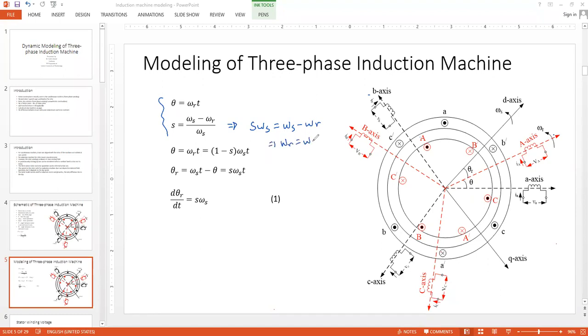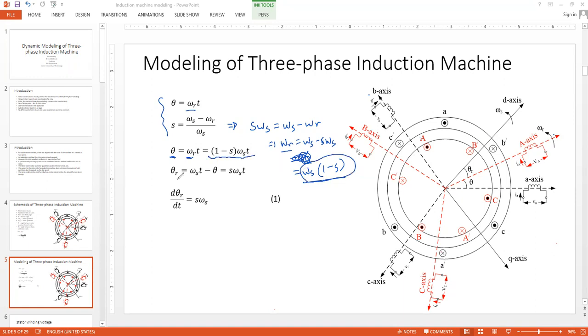So omega r equals omega s minus s omega s. You can't take s, sorry, you have to take omega s common: 1 minus s. So omega r equals omega s into 1 minus s. Theta is omega r t, and we replace omega r by omega s into 1 minus s. So you have 1 minus s, omega s, into t.